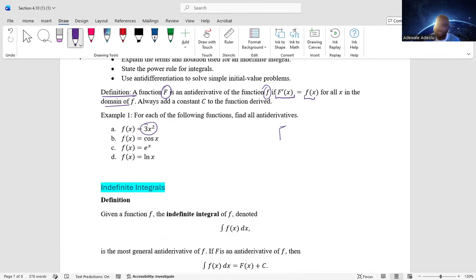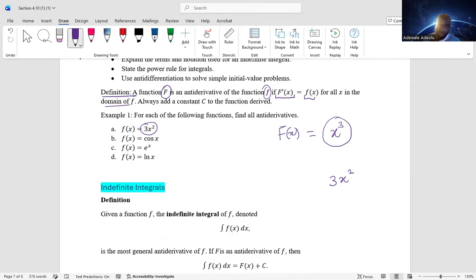Well, maybe you're already thinking that if we take the derivative of something like this, x cubed, then what are we going to get?